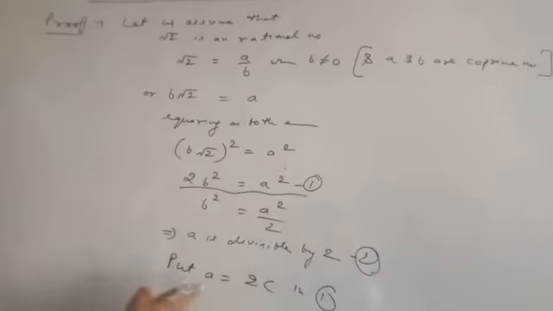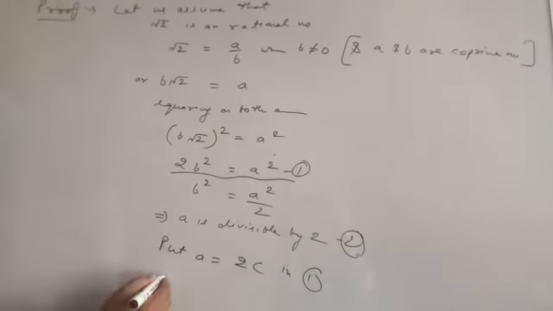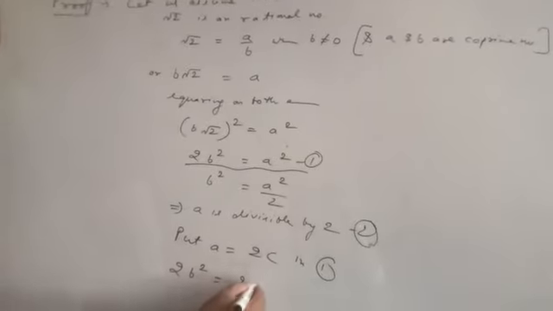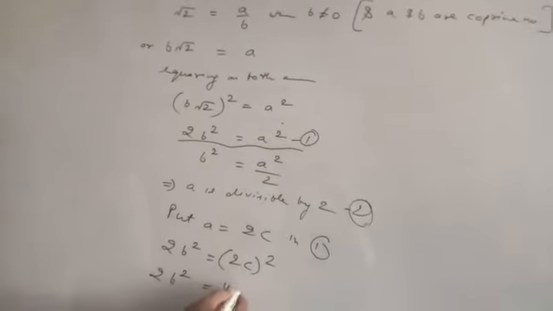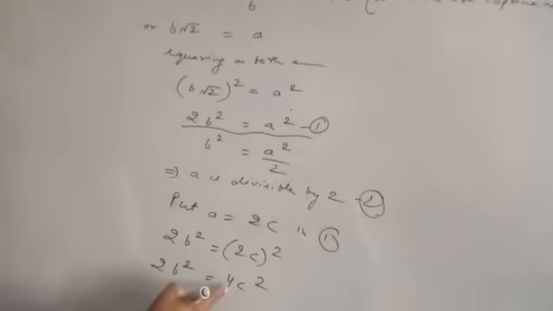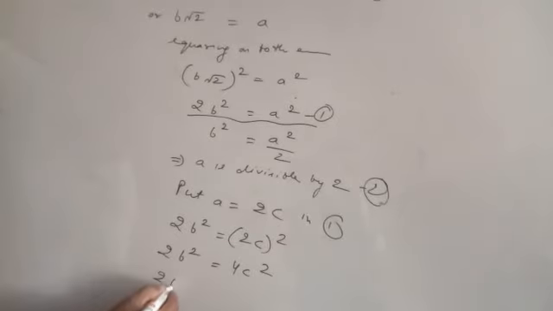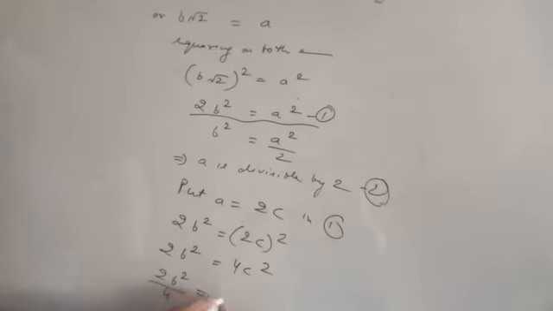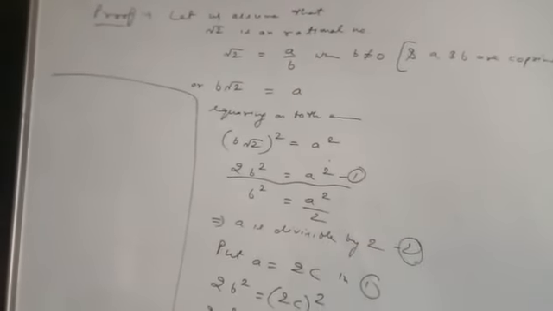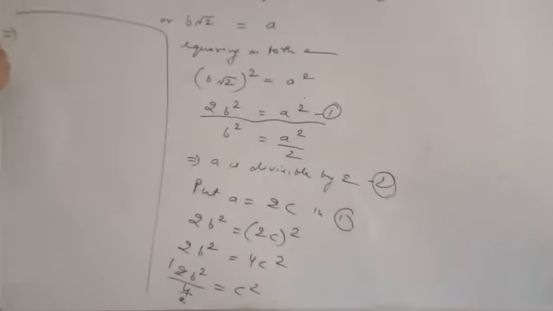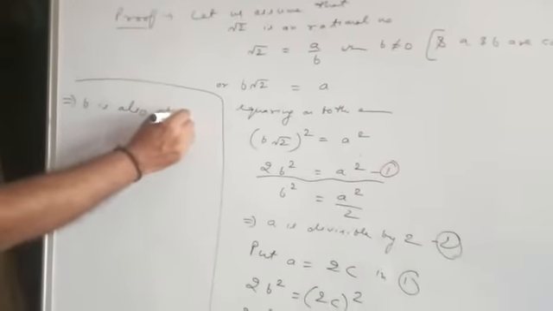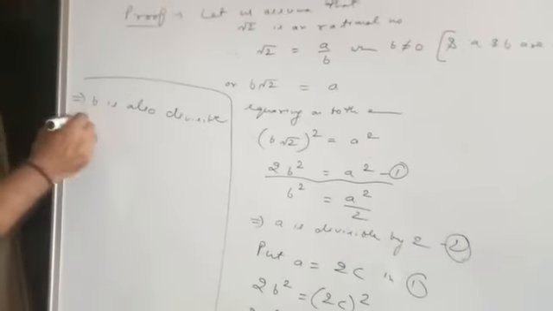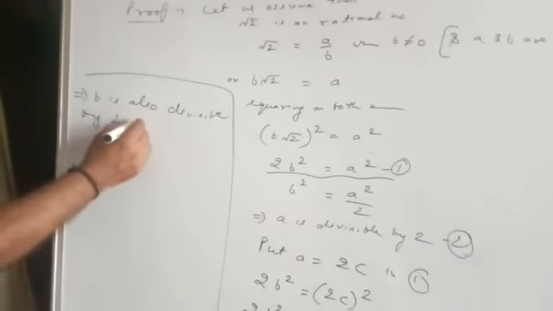In this you can put a equal to 2c. 2b square equal to c whole square, 2b square equal to 4c square. 4 you will take on this side. 2b square upon 4 equal to c square. 2 ones are 2, 2 twos are 4. It implies b is also divisible by 2. Mention this one as 3.